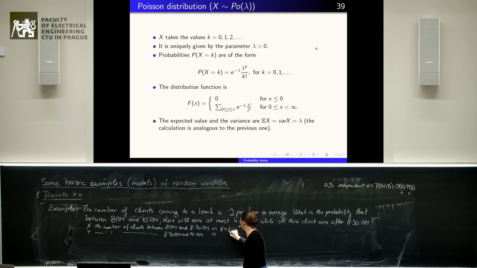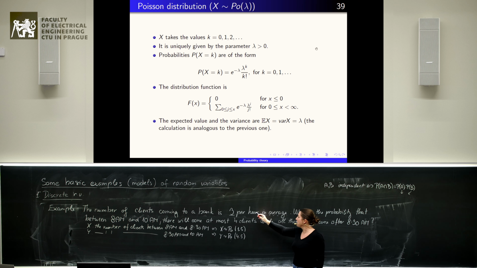So X and Y both have Poisson distribution, and the parameters are 1.5 for X because we again consider 30 minutes, and 4.5 for Y, because we have 1.5 hours, and in the case that we have three clients per hour on average, then it means that on average in 1.5 hours we have 4.5 clients.